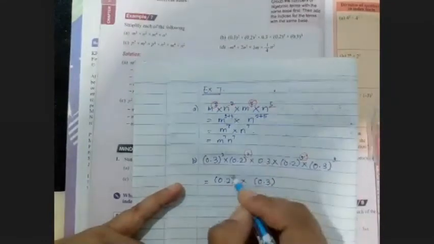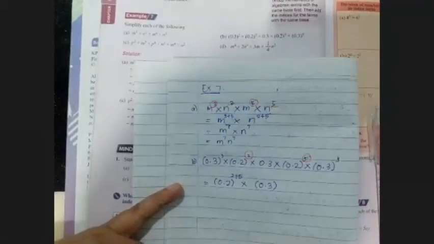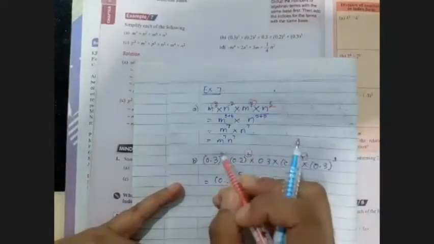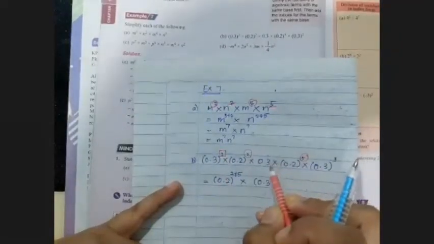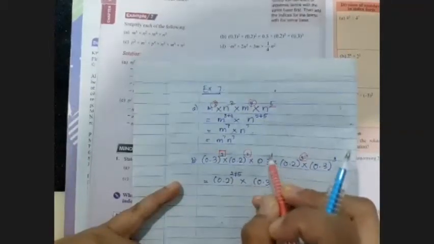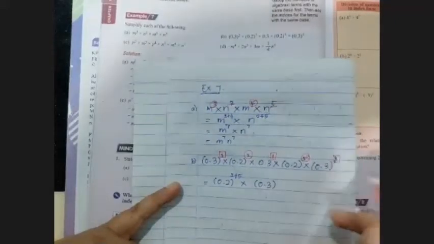So we plus the index, 2 plus 5. How about base 0.3? We have index 2, and how about here? 1, this is power of 1, and 3.